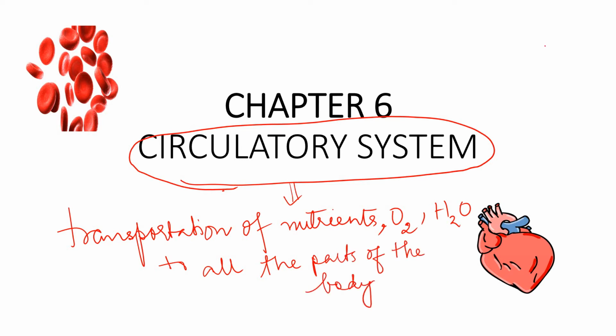See, this is a human, all right? And all these things, transportation of nutrients, oxygen, water, will keep on circulating here. Kindly note that I'm not talking of this head region. I'm talking only about this entire body here, heart, legs, etc. So this is what is known as circulation.